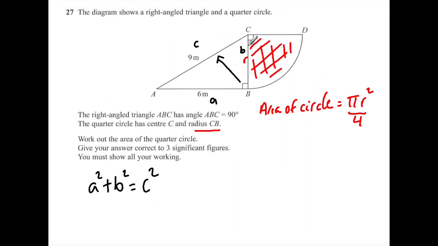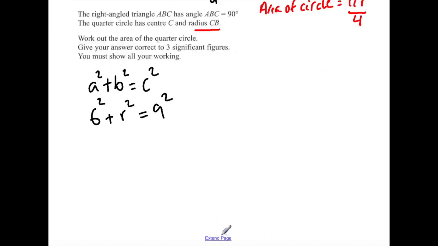Now, all I'm going to do is plug in the information given to us into this equation. So A is 6 squared, so 6 squared. B is R, so we have R squared, equals 9 squared. 6 squared is 36 plus r squared equals 81.